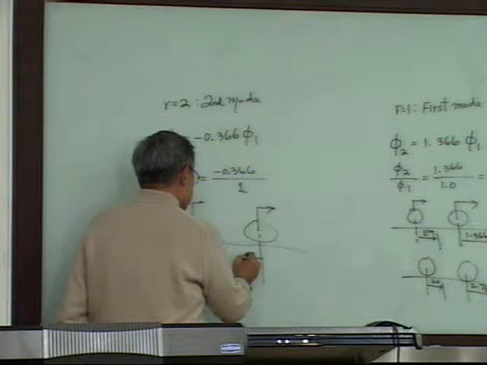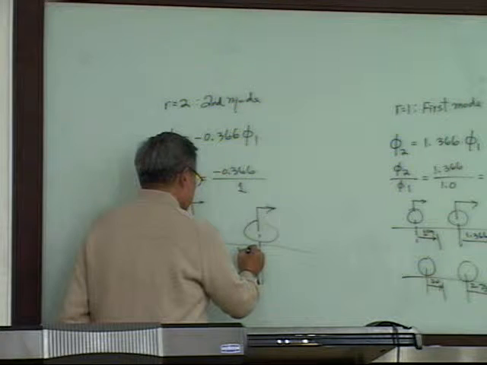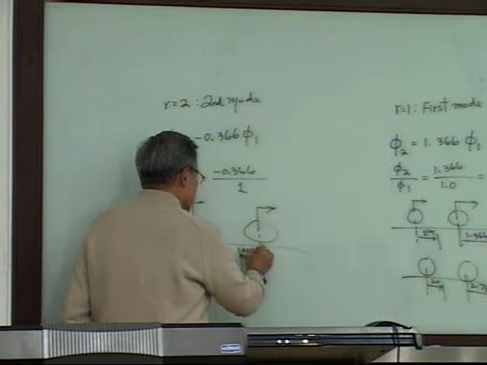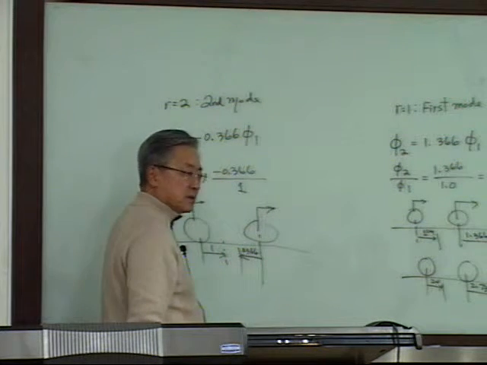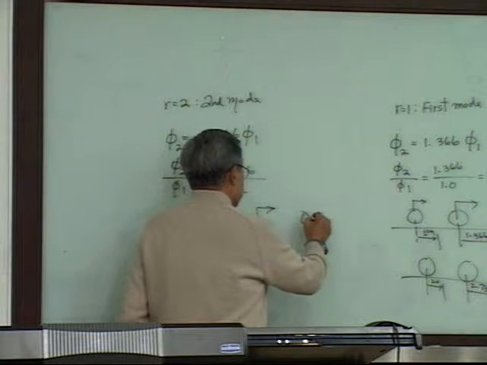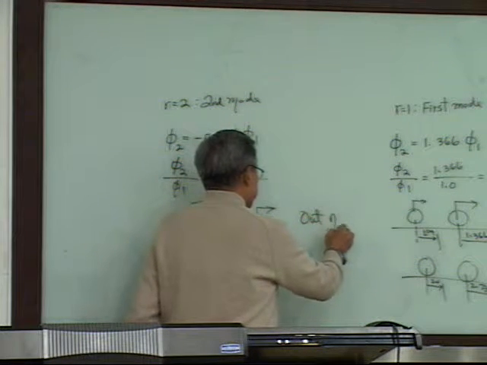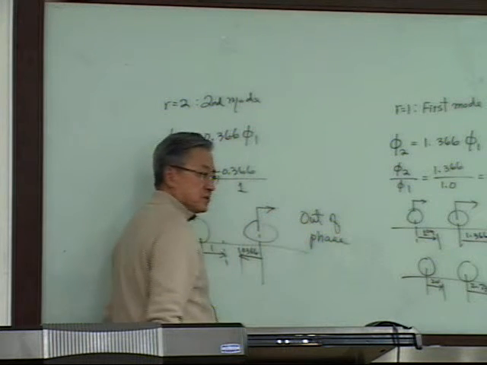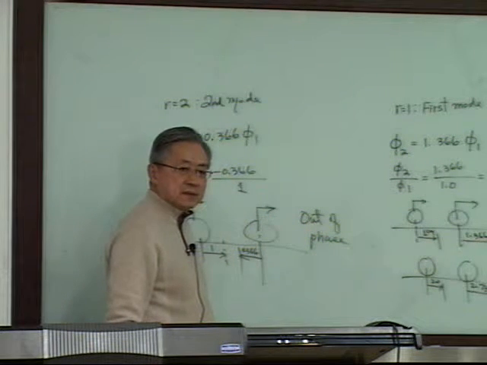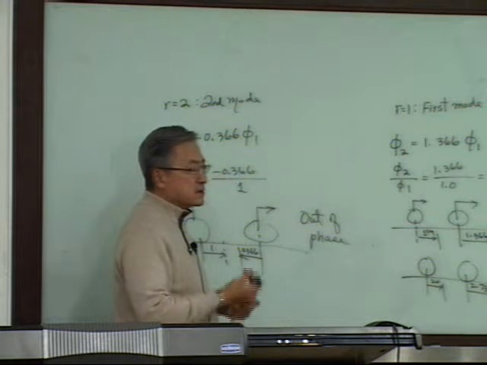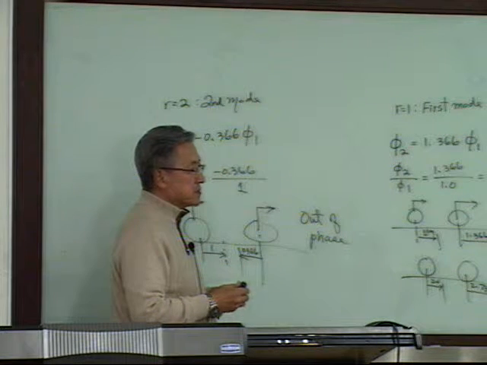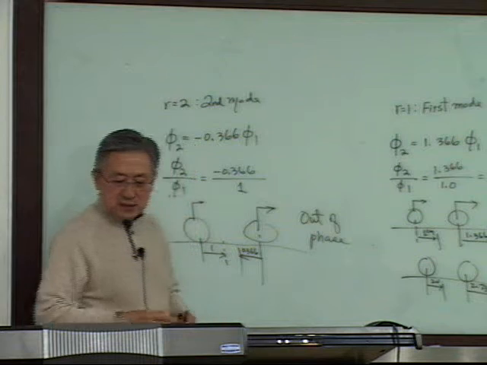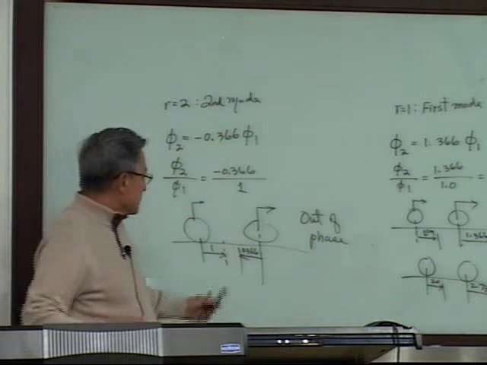Negative goes this way. How much? Minus 0.366 in the opposite direction. This is out of phase. Out of phase motions. This 2 degrees of freedom model explains a lot. Or you can double it.